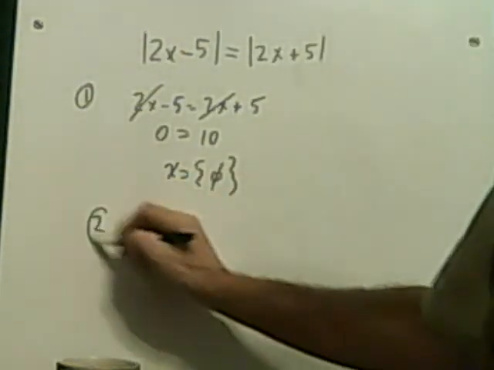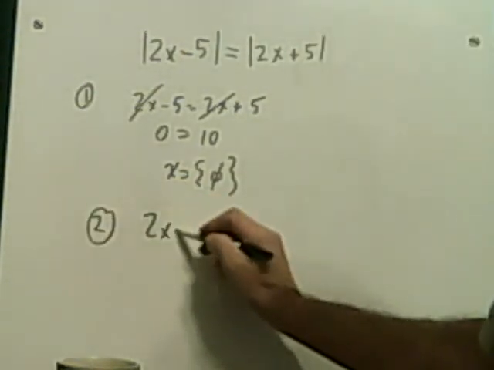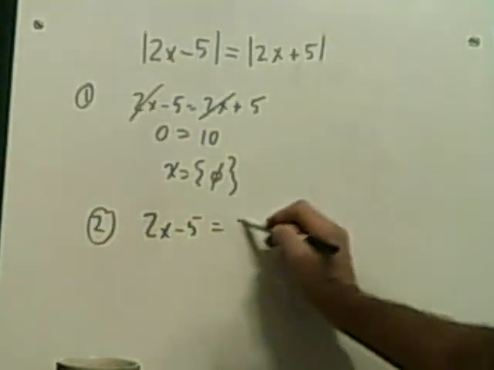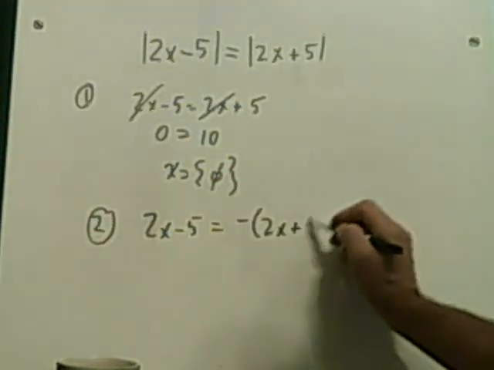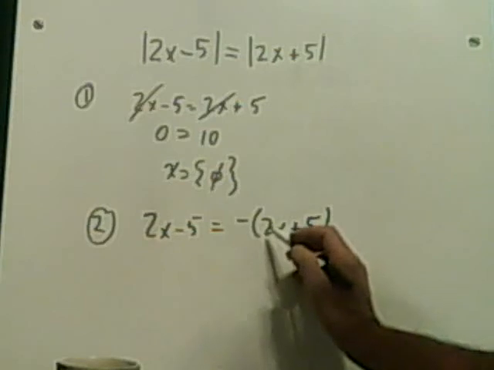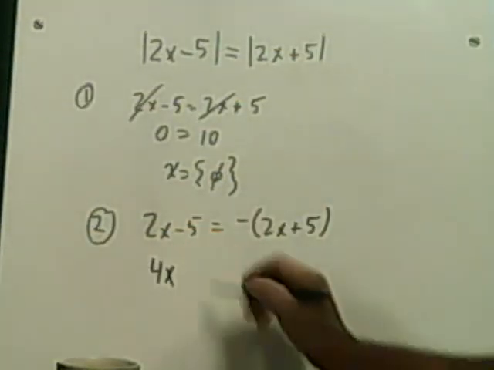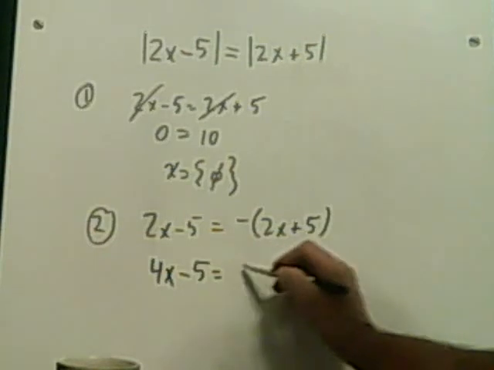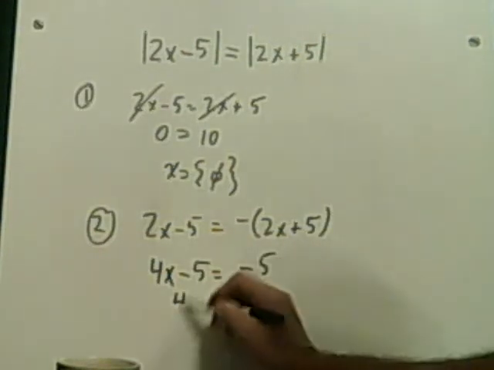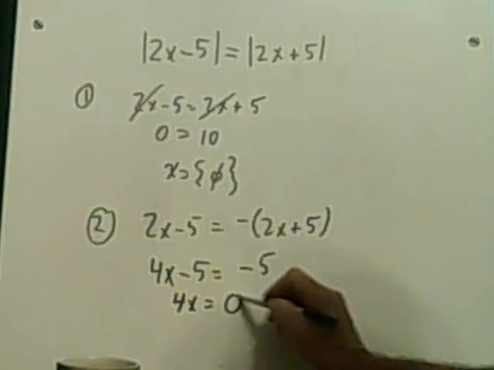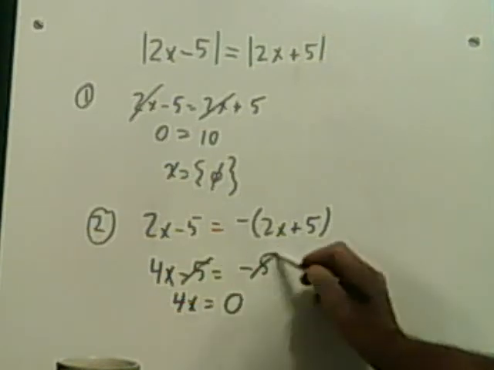So we move on to the next possibility, which is 2x minus 5 is equal to the negative of 2x plus 5. Okay, now we move that over to become a 4x minus 5 is equal to negative 5, or 4x is equal to 0, because now these cancel.